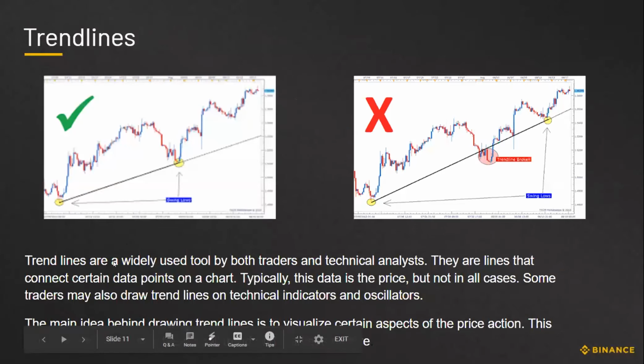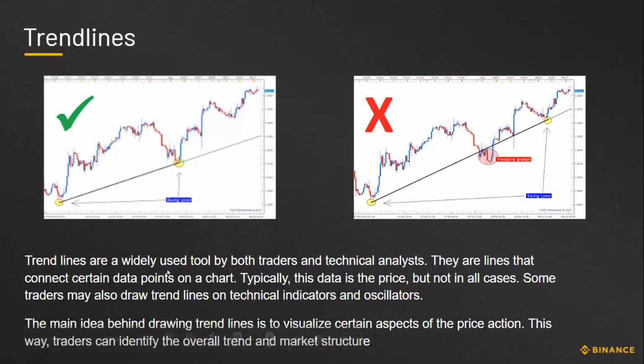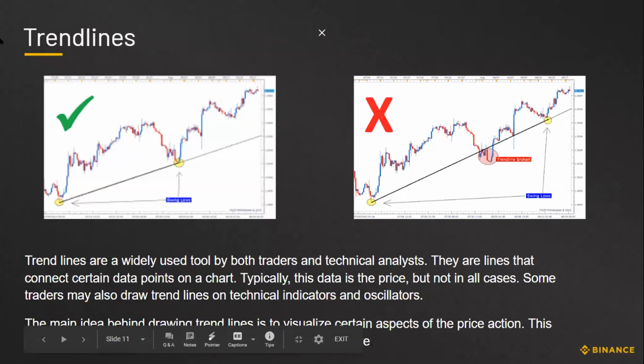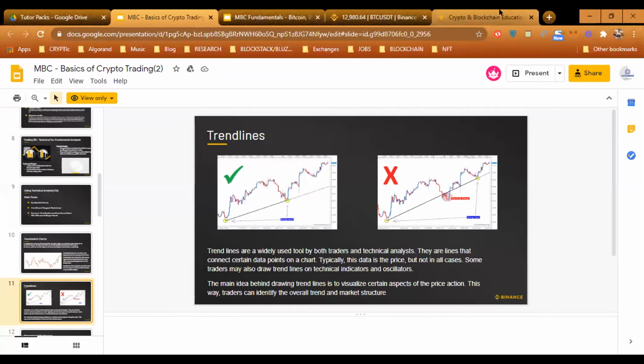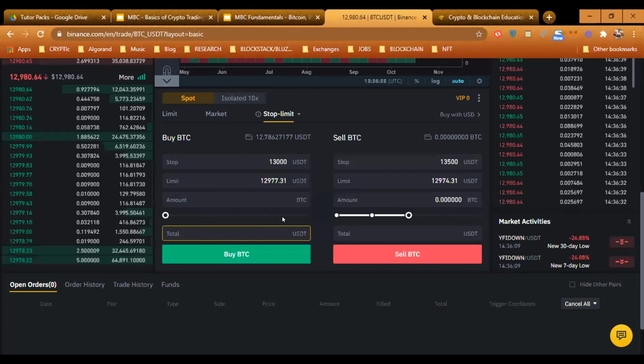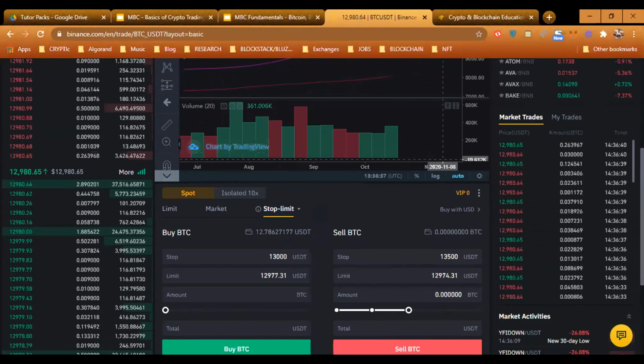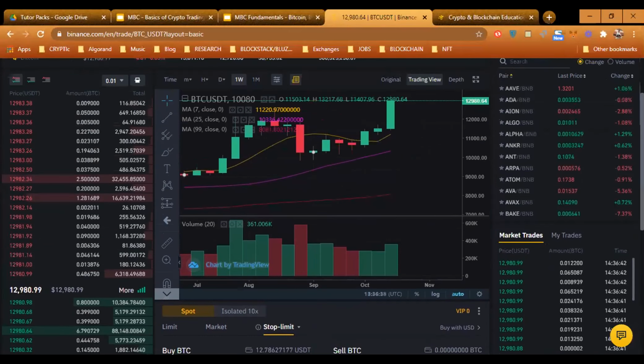All right. Now I'm going to show you how to draw trend lines. Trend lines are widely used by both crypto traders and technical analysts. I might not be able to show you how to draw trend lines on mobile, but I'm going to show you how to do it now on desktop. So let's come back here to our charts.